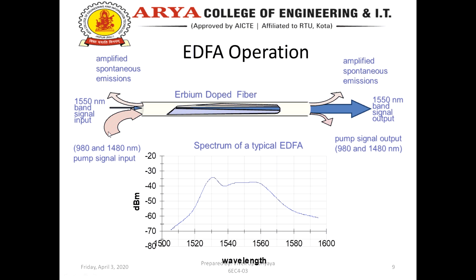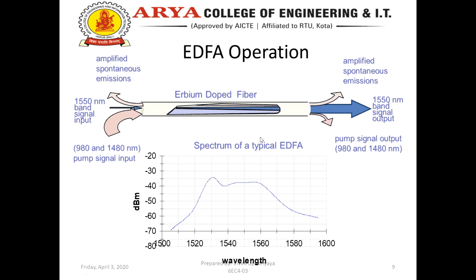Then there is a 980 and 1480 nanometer pump signal input, and this is the pump signal output. So here we can see that the pump input signal gives its energy to the 1550 nanometer input signal. You can see by this arrow.